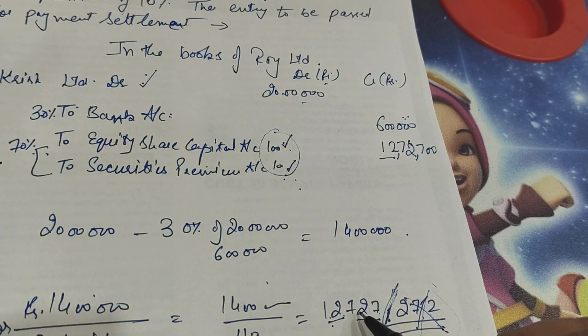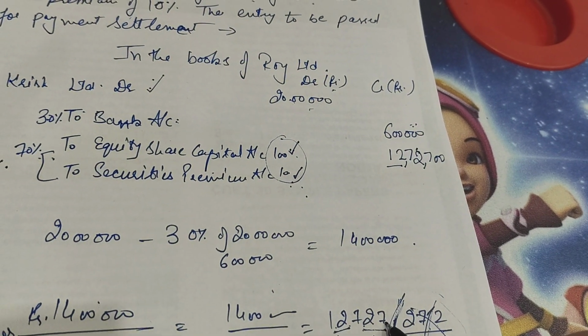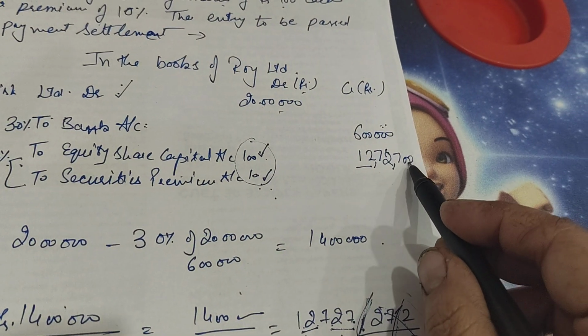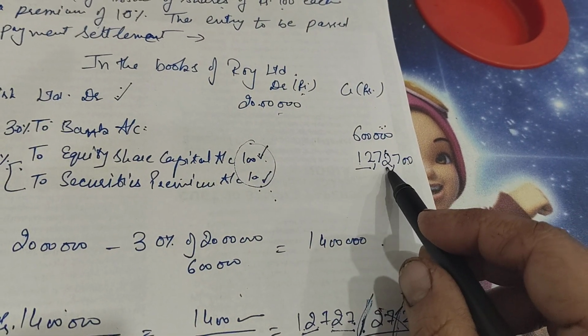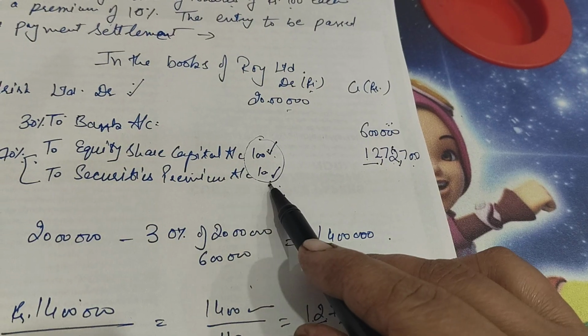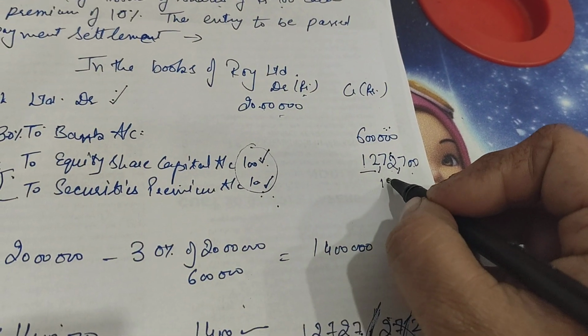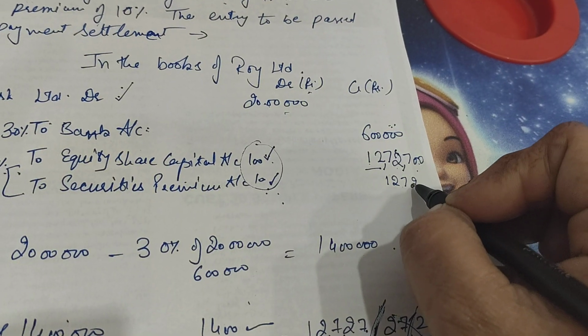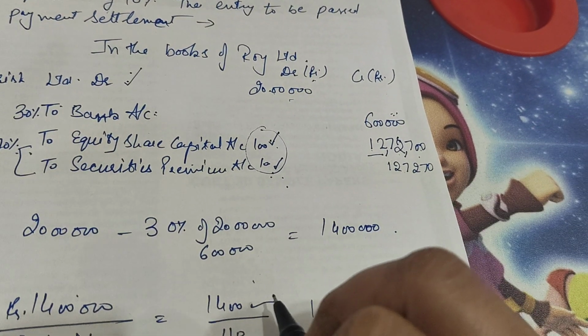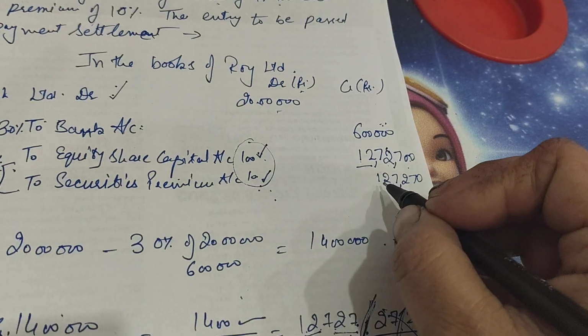So 12,727 shares multiplied by 100 gives 12 lakh 72,700. When we multiply it with 10, then we will get 1,27,270 rupees, right?